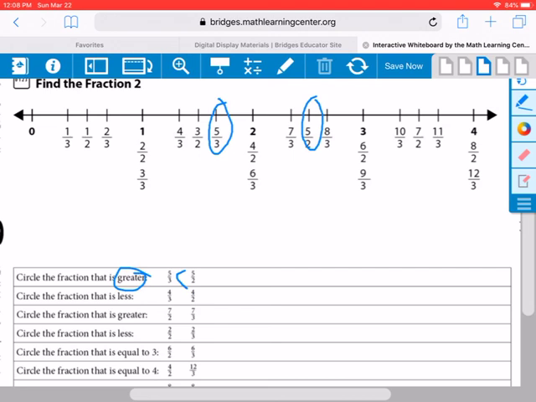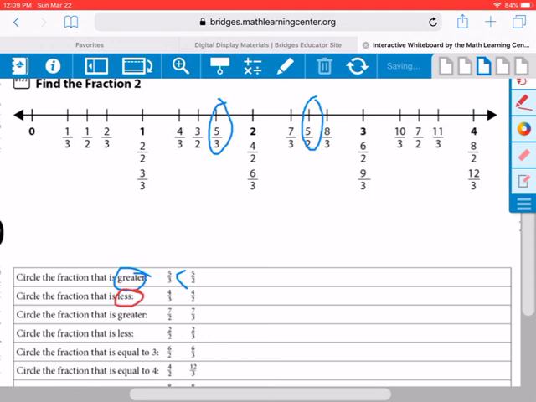Who can remember what happens when the numerator is the same, like in this next problem? So our numerator is the same, and we want to find the fraction that's less. You're right, if the numerator is the same, then the smaller denominator is the larger fraction.